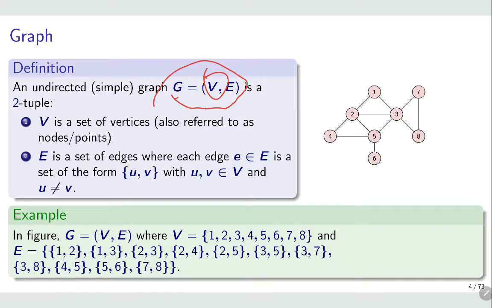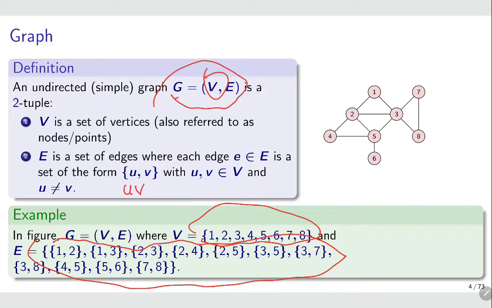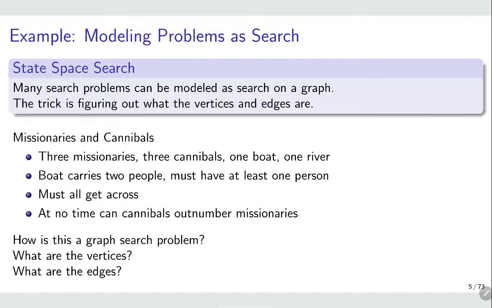So for the graph on the right, this is the set of vertices, and this is the set of edges. The set of edges is a bit confusing because it's a set of sets where every set has two elements, which are vertices. Usually when we write an edge, we will not bother to write it as a set {u, v}, we will just write uv. Okay, so that's for undirected.